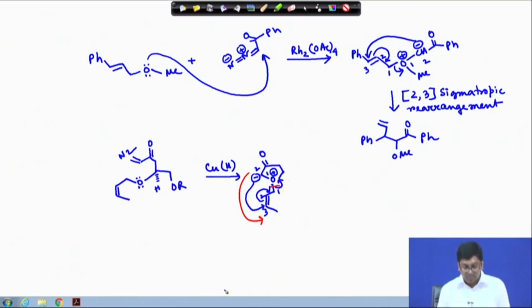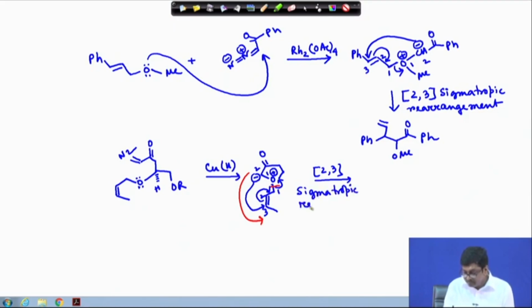So, finally, the 2,3 sigmatropic rearranged product will form here also, to provide the key intermediate of the natural product gambieric acid.